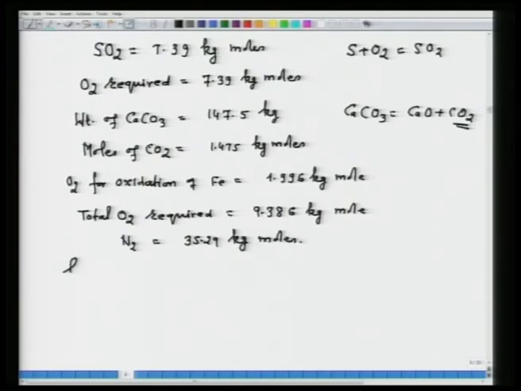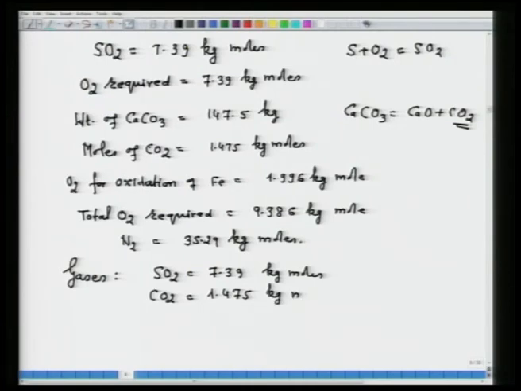So, I can calculate now the amount of gases, that will be SO2 7.39, CO2 1.475, that is kg moles, also kg moles, and nitrogen, that is equal to 35.29 kg moles. Now, with this we have done the so called material balance.